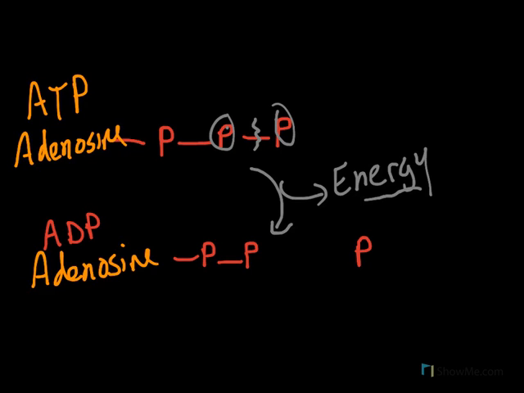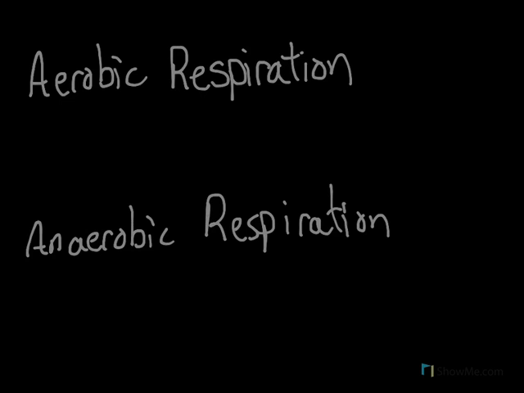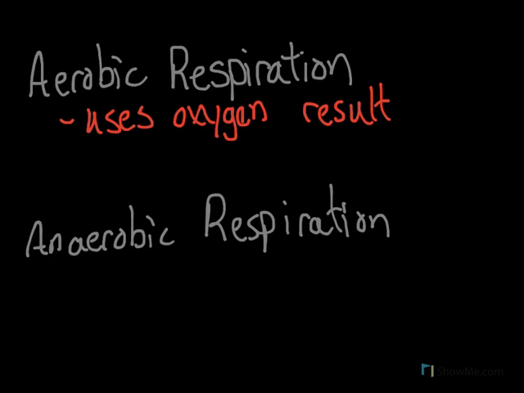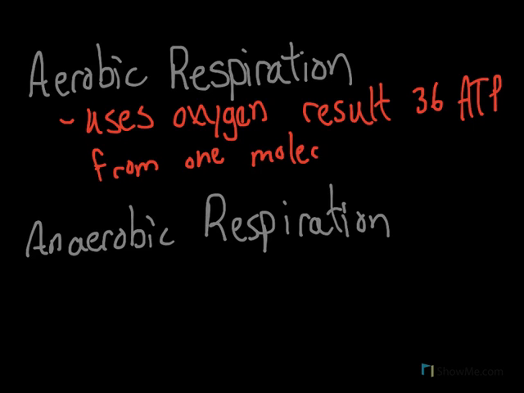And the last thing we need to talk about is the difference between aerobic and anaerobic respiration. Aerobic respiration uses oxygen and results in 36 ATP from one molecule of glucose.